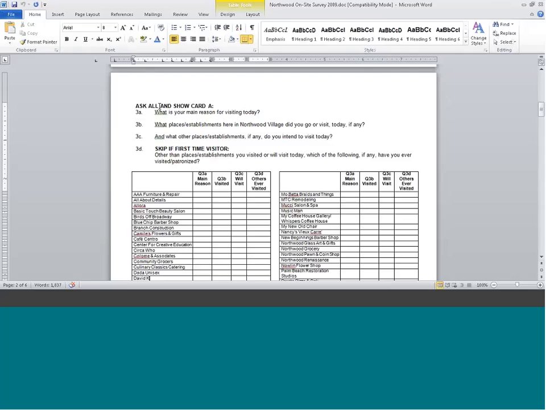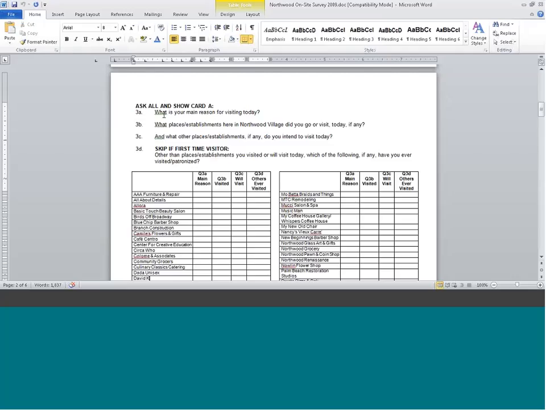There is a skip pattern instruction at the top, but we'll see in a second. So it says ask all and show card A. Okay, so we're telling the interviewer to show card A, and these questions until you get to another skip pattern informational thing that everybody gets asked. So that's ask all.